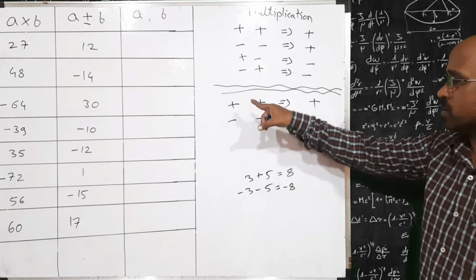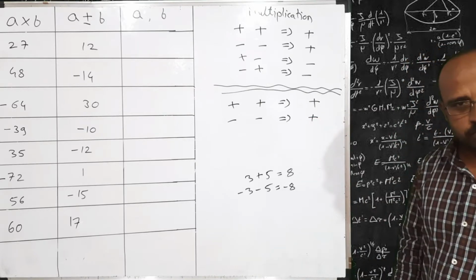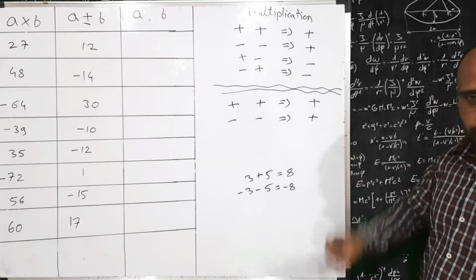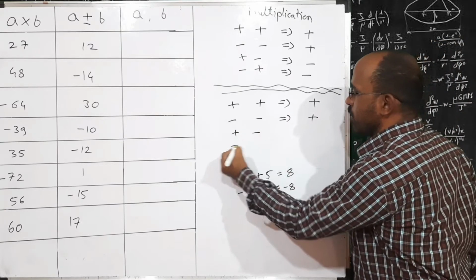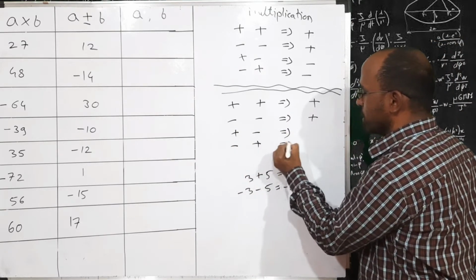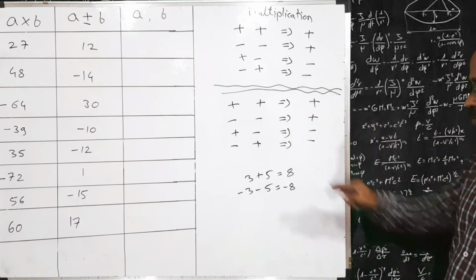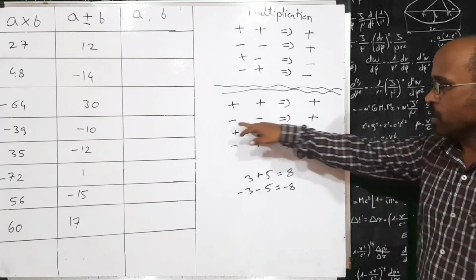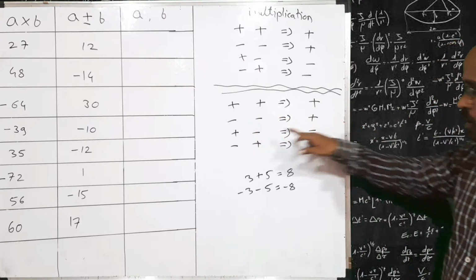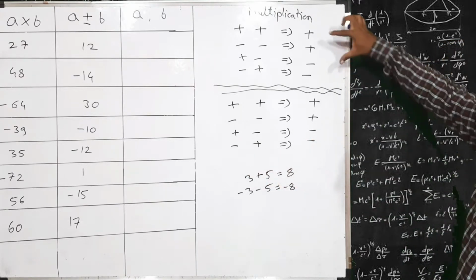So if both numbers are positive or both are negative, we do their addition. And if both numbers have different symbols, we do their subtraction. Once again you pronounce it as plus plus plus, meaning addition. Minus minus plus means addition. Plus minus minus means subtraction. Minus plus minus means subtraction.